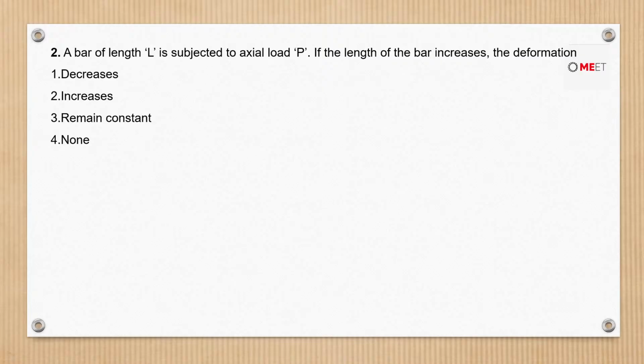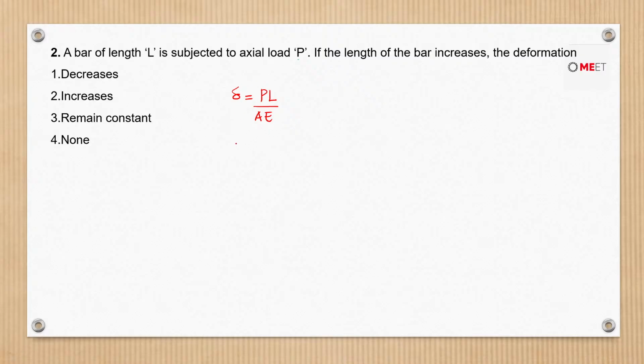Moving to the next question. A bar of length L is subjected to axial load P. If the length of the bar increases, the deformation will be dash. Once again the same relation, that is delta is equal to PL by AE.